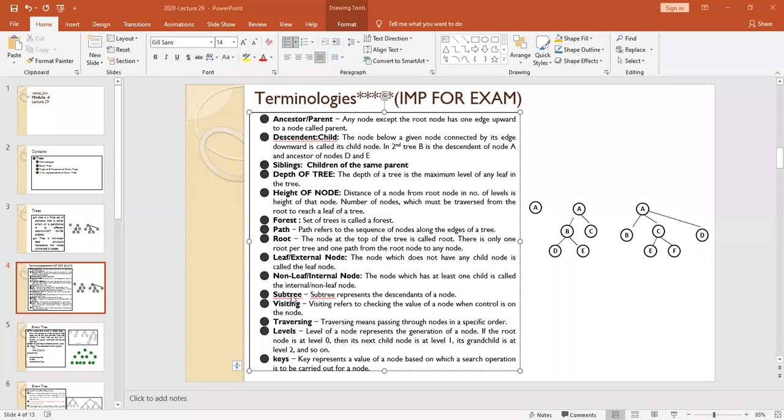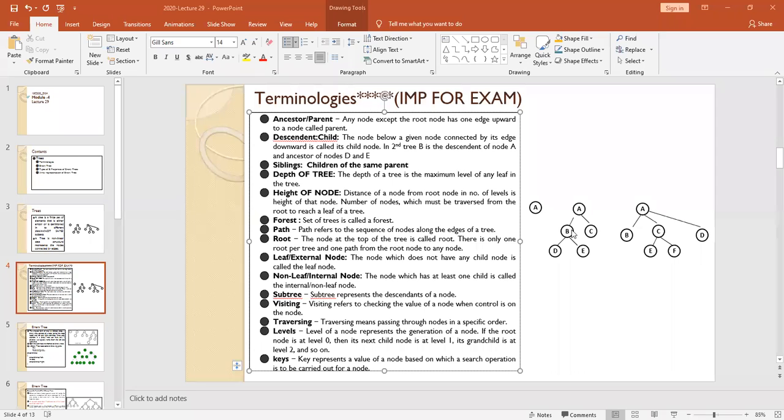So now you come for the next one, subtree. A subtree represents descendants of the node. I already told you a tree will consist of left and right. So the left part we call a left subtree. A subset is called a subtree. What is the left part here?